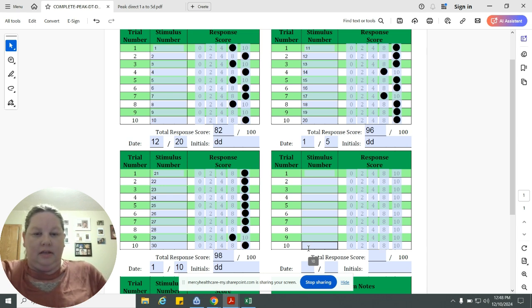Because Tech 3s are with the kids more frequently than I am, it would be so much easier for you to just put in the stimulus numbers of the programs that the patient had difficulty with. Then we can get a true reading of where they're at.